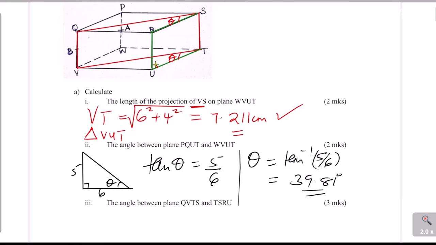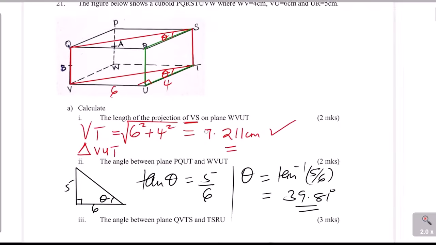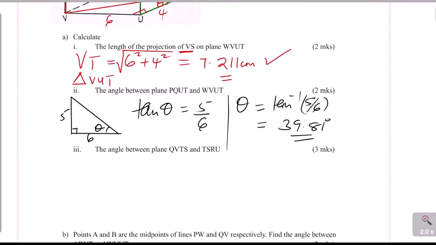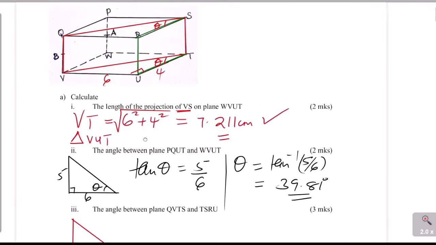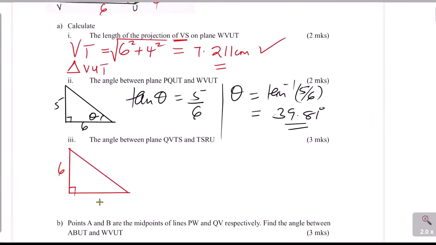Remember we said you have this base here, and we have this as 6 and this one as 4. That is the right angle, so you're going to use that triangle. So let me extract it. This is 6 and this one will be 4.